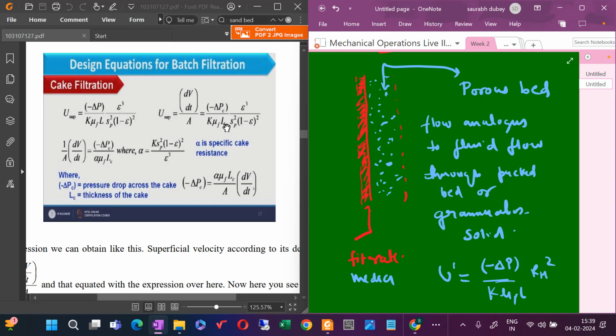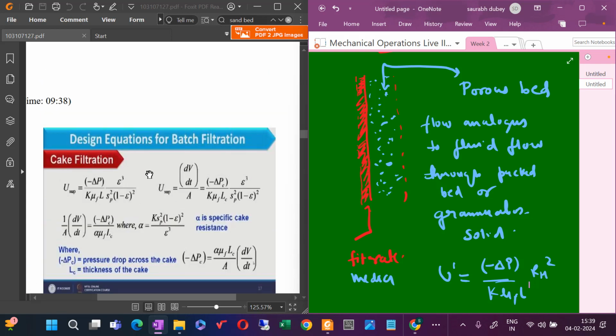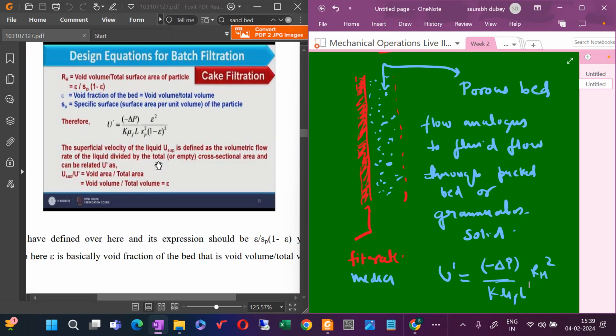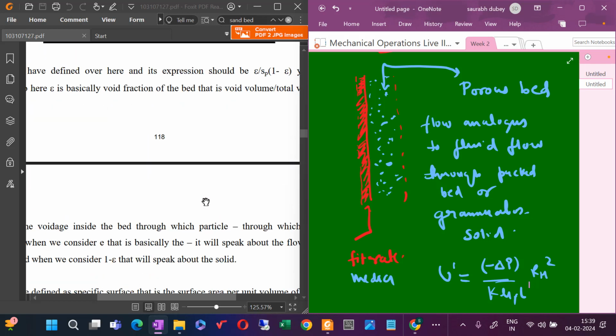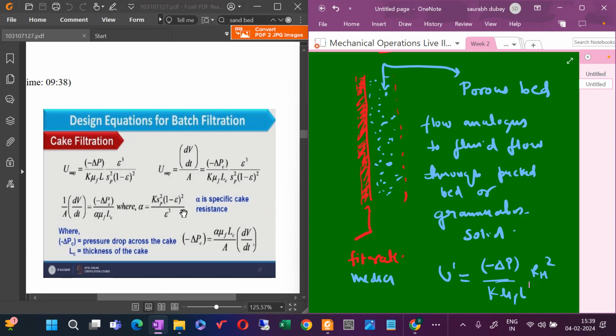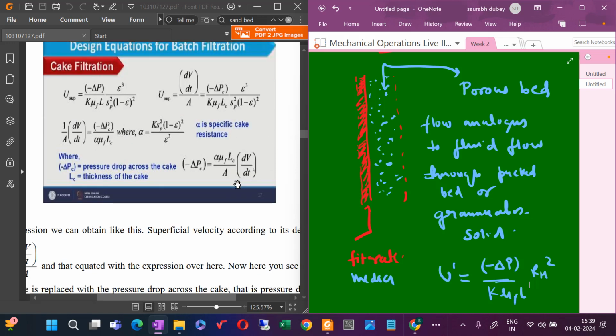And then when you rearrange this, the value of alpha depends on the void, and at the same time the value of alpha depends on the Sp value. Sp is what? Specific surface of the particle. So this Sp value along with the void fraction gives the value of alpha, which is the specific cake resistance.